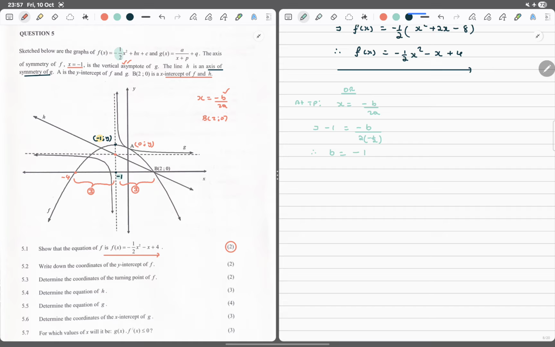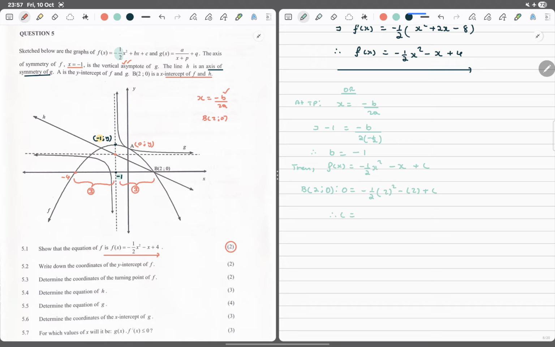Okay? We can say then, we know that our f is going to be minus a half of x squared minus x, we put it nicely, plus c. Through point B, which is 2 and 0, 0 is going to be equal to minus a half into 2 squared minus 2 plus c.